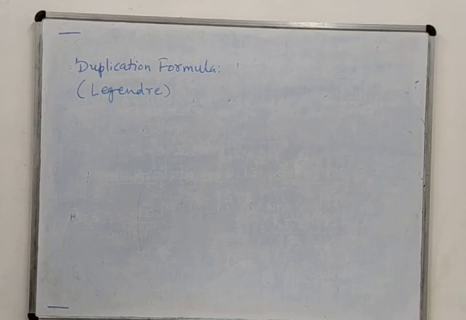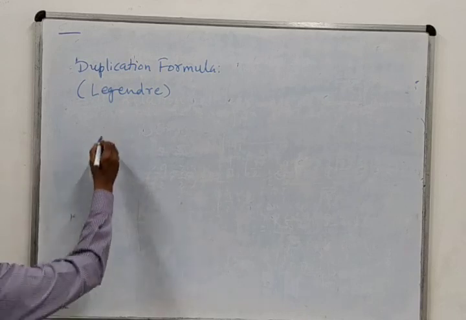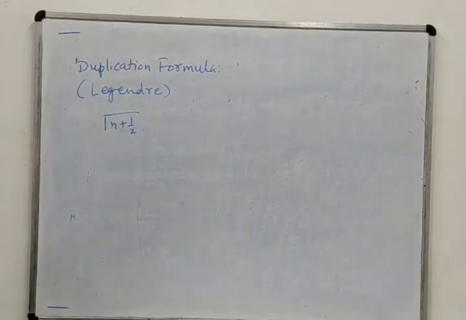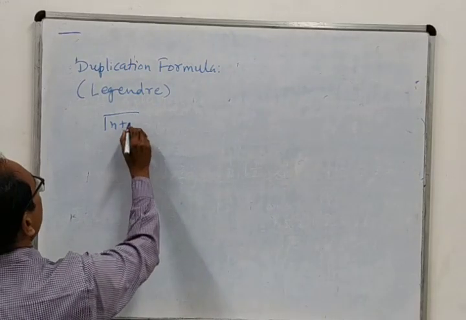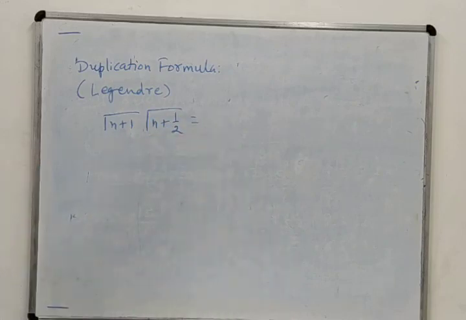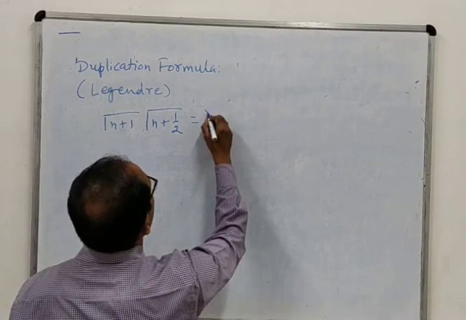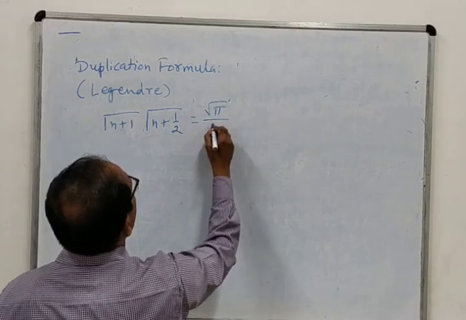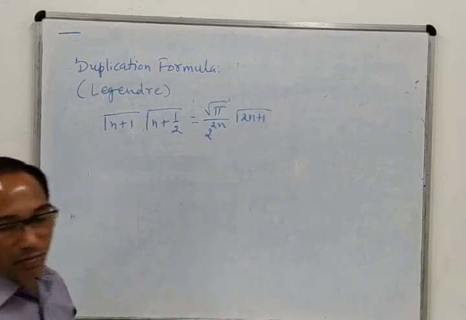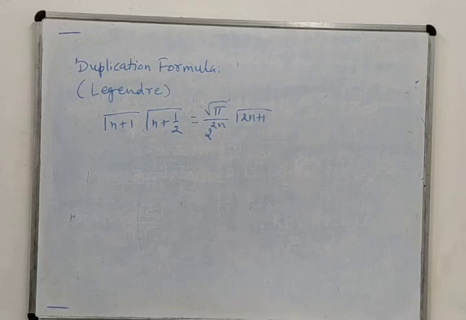Okay, so for the duplication formula, we will not see the proof of this one, only the formula can be asked to write down. This formula is also very easy to remember. Gamma n plus 1 into gamma n plus 1 half equal to root pi upon 2 raised to 2n into gamma 2n plus 1. The proof is easy, but here we will not see the proof because it is not asked in the examination. Okay.